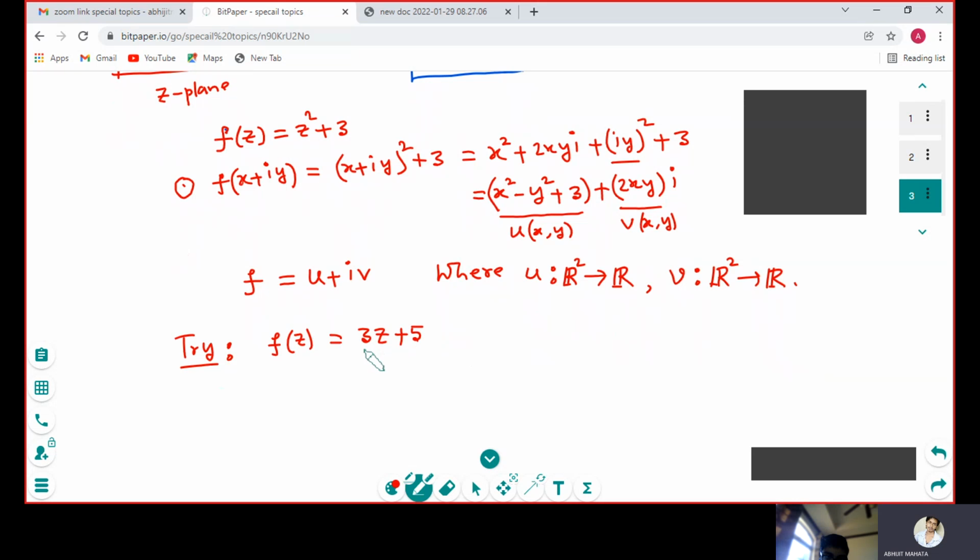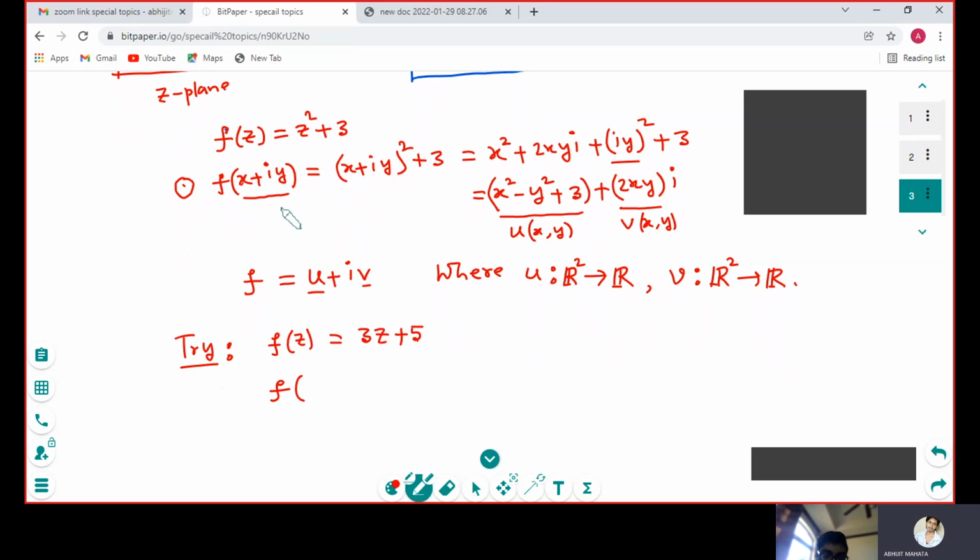Can you calculate the real part and imaginary part for this function? In general, you write u plus iv. So you need to calculate u and v.